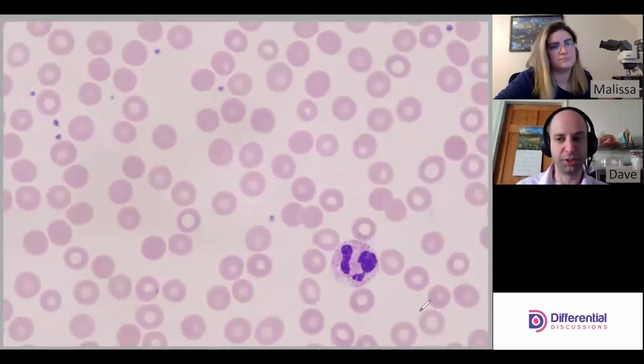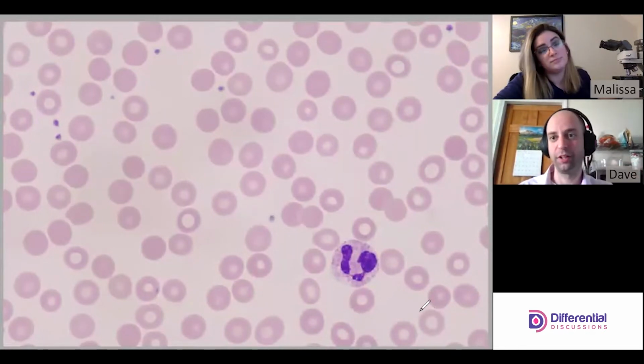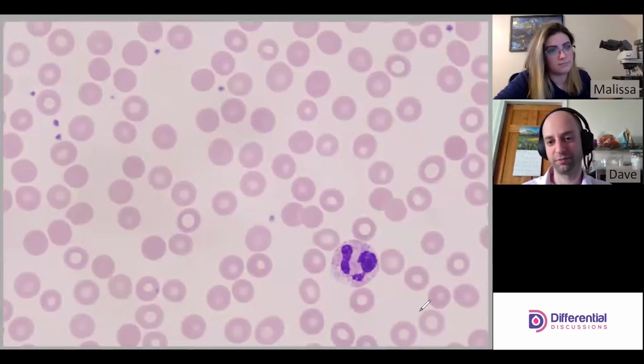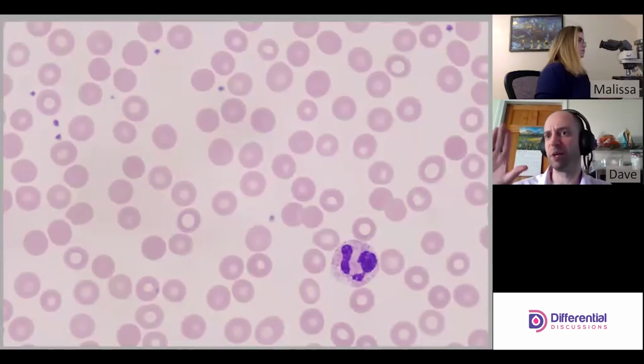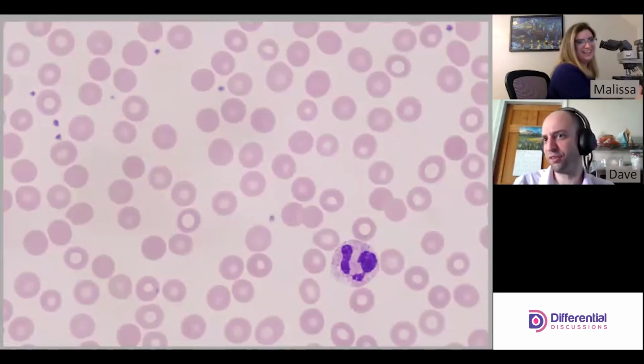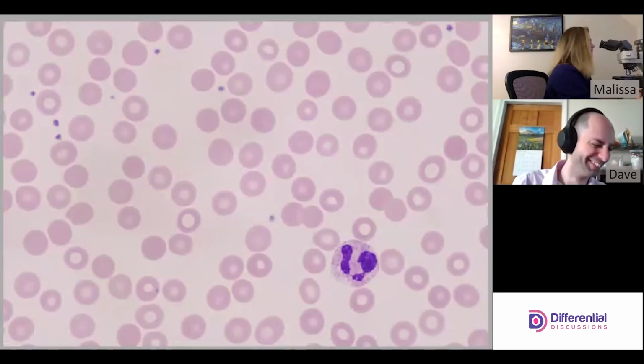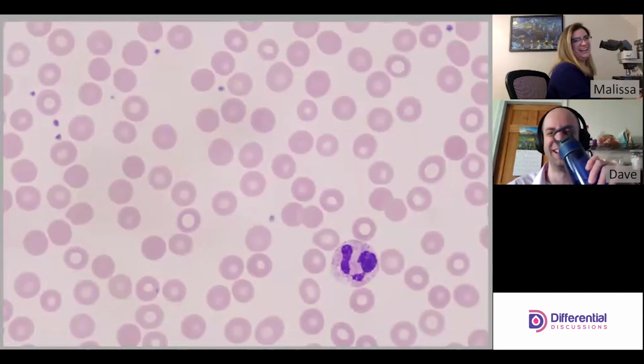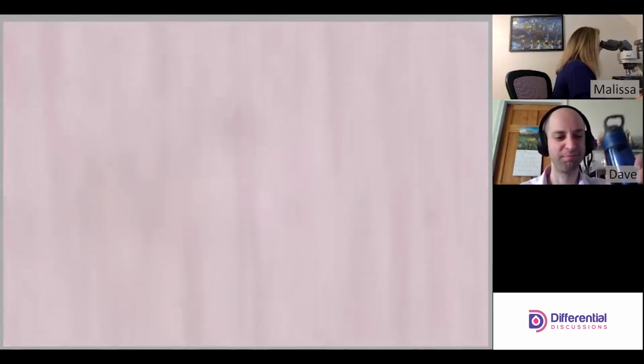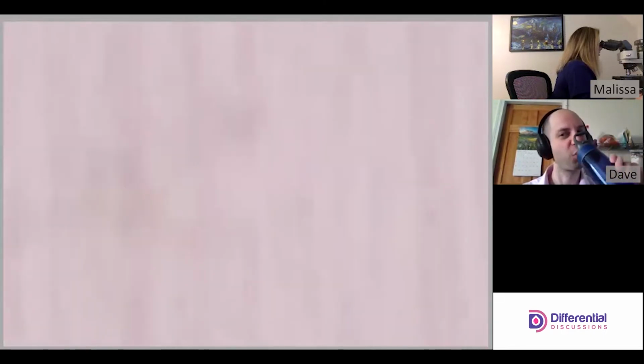We think about physiology, and this is a phagocytic cell. Its job is to eat stuff. So you will see vacuoles in neutrophils sometimes. It's actually kind of rare. Depends on the patient. That's the other catch-all you'll hear from us: depends on the patient. I need a t-shirt that says depends on the patient.